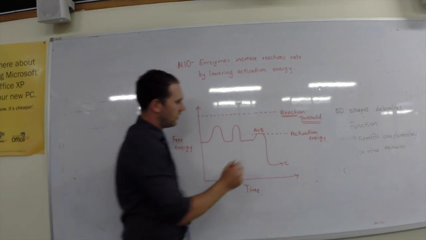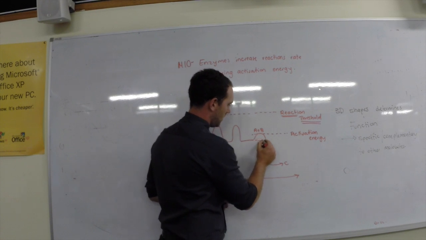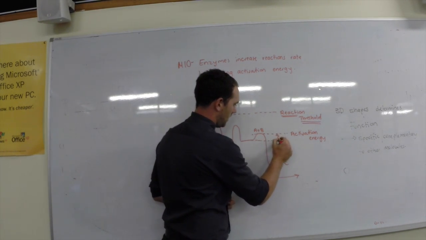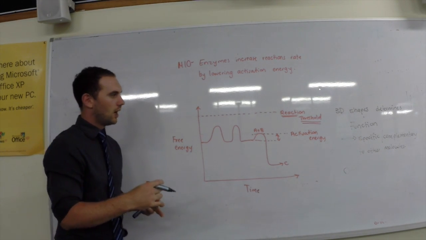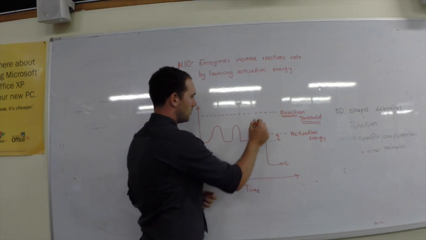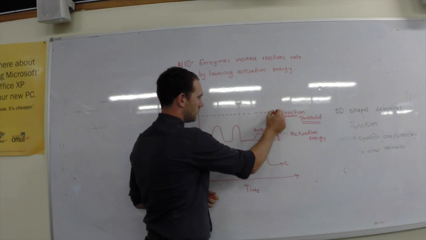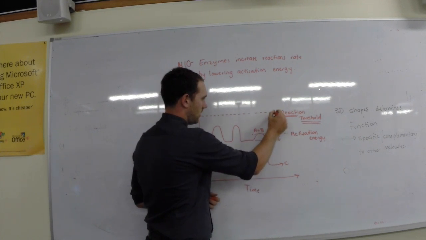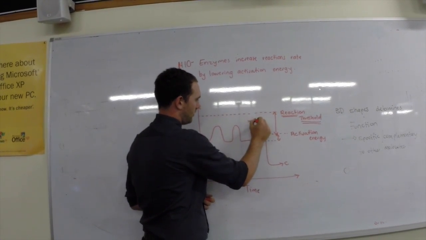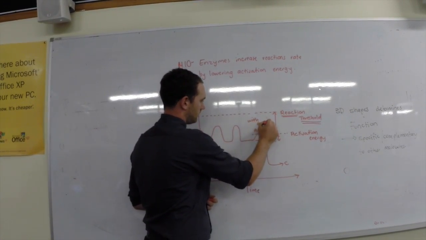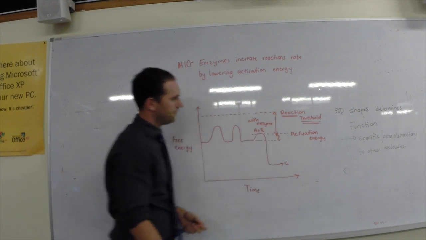Okay, so the distance between here and here is our activation energy, so that's the energy that we require. The difference between this one and this one is the presence of an enzyme. Okay?